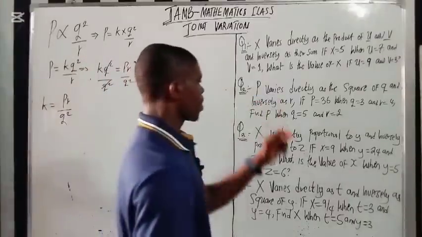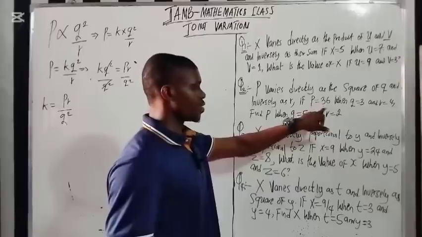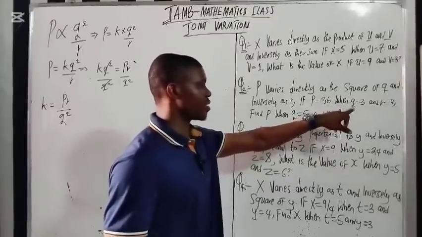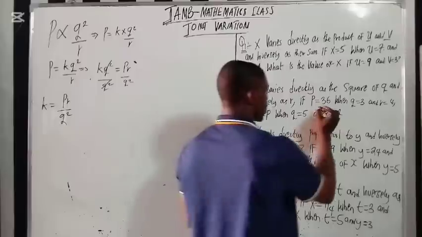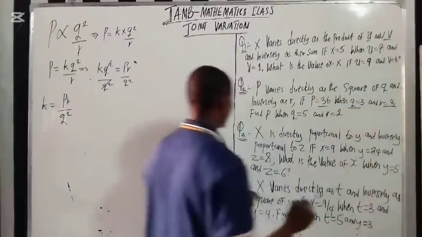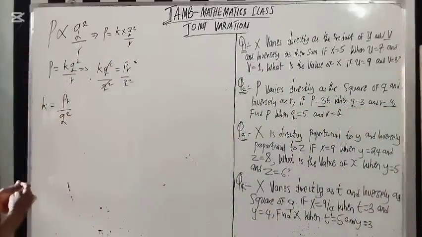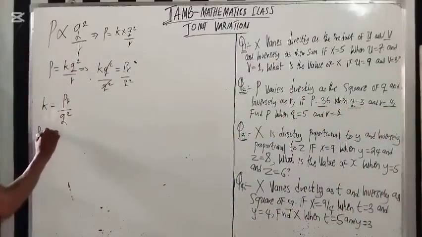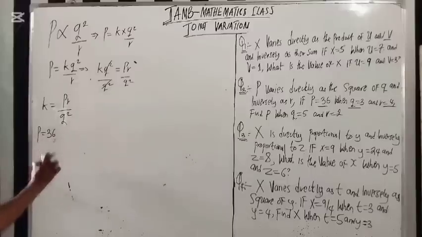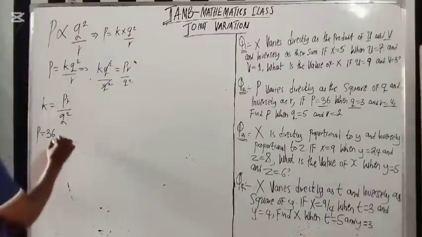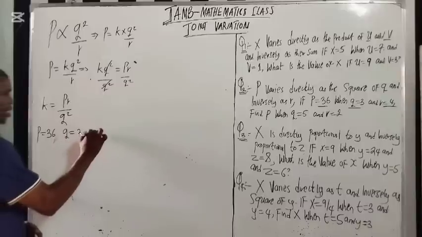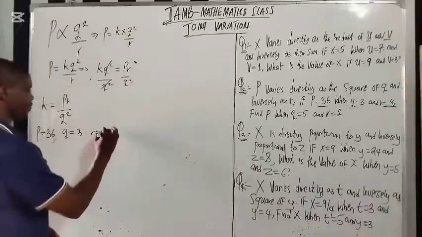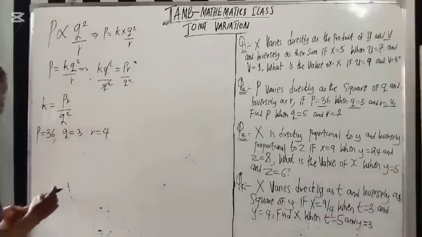Let's say that P is equal to 36 when Q is 3 and R is 4. These values are given to you here, and you have to know how to calculate your constant. So my P is 36, my Q is 3, and R itself is 4. Let's input our values here.